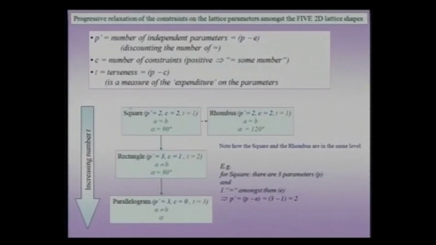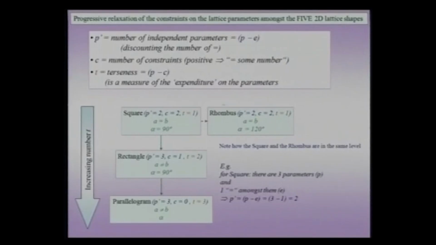Let us consider the square lattice, wherein the number of independent parameters is 3, which is a, b and alpha, and we have 2 equations which connect them, as you can see. So the number of constraints is 2, and 3 minus 2 is 1, which is the terseness value for the square lattice.